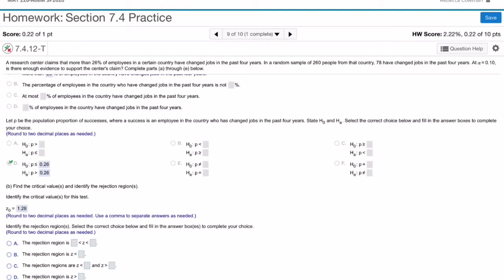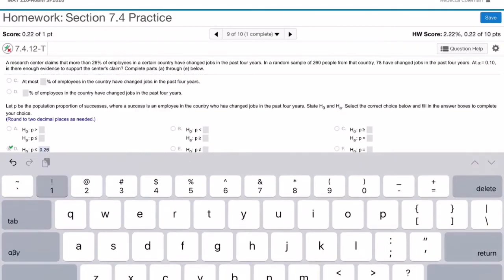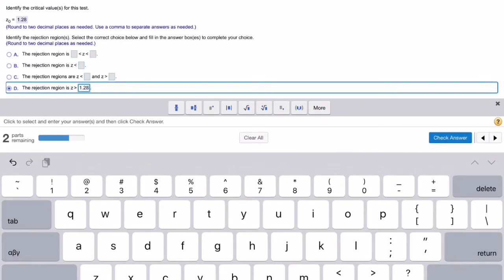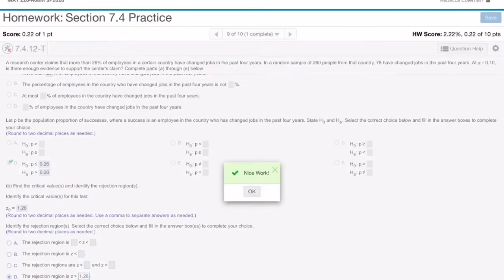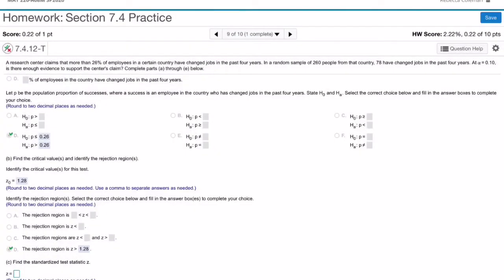This is one of those cases where it's just asking you for the region. So just remember, look at what you've shaded. What we shaded for a right-tailed test is greater than the critical value of 1.28. So that's just taking that sketch, that graph that we drew, and writing it as an inequality.